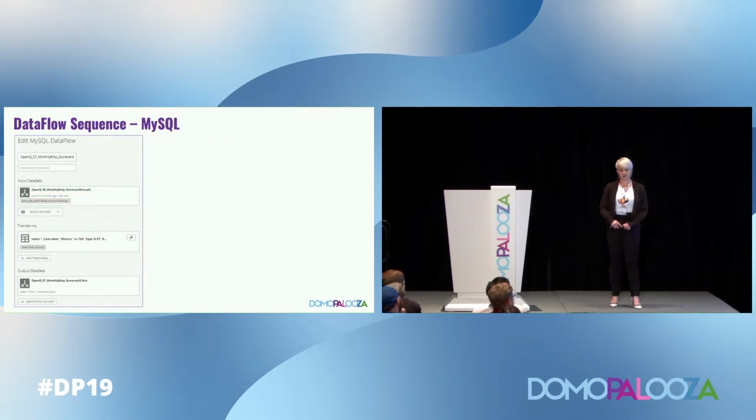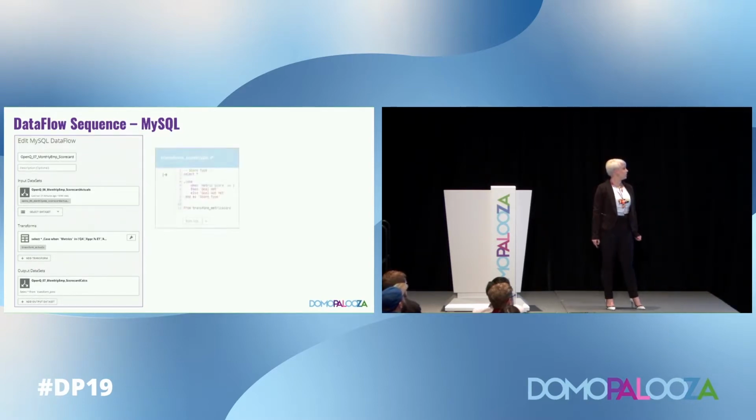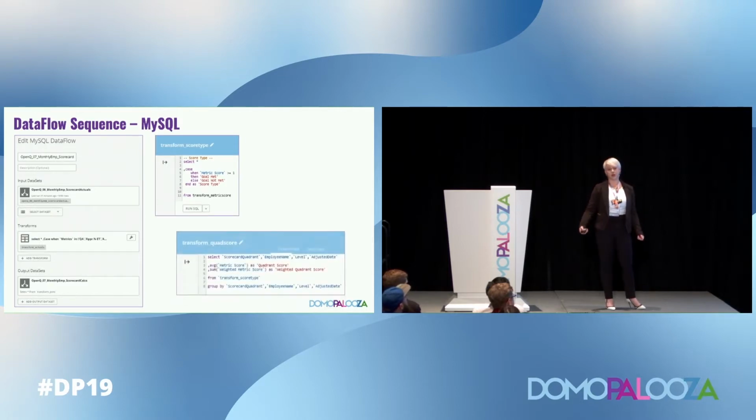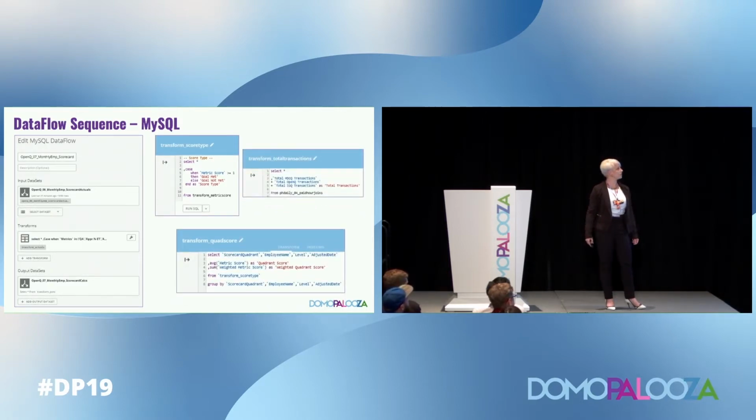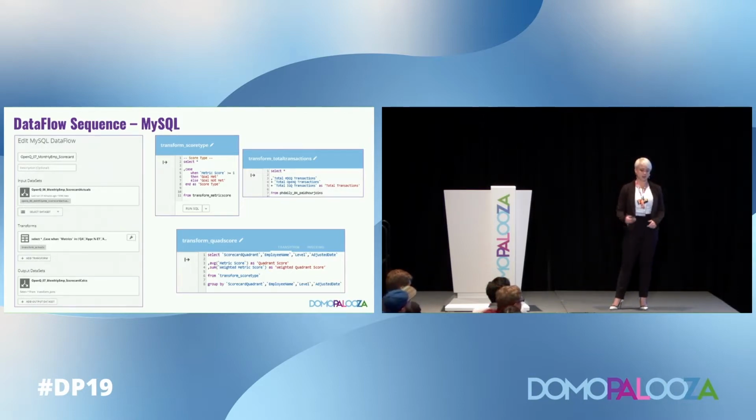Now, MySQL, like I said before, is code-driven, so it's very, very flexible. You just write in whatever it is you want, but you need to have the skill. I like to use it to create new columns, so I like to use it for case statements and aggregations, as well as any kind of complex calculations.